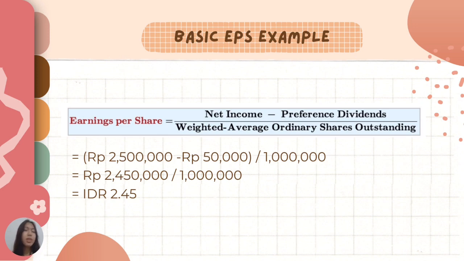So we have the net income, 2,500,000 rupiah, and we have the preferred dividends, 50,000 rupiah, and 2,500,000 minus 50,000, divided by 1 million. So we got 2.45 rupiah.